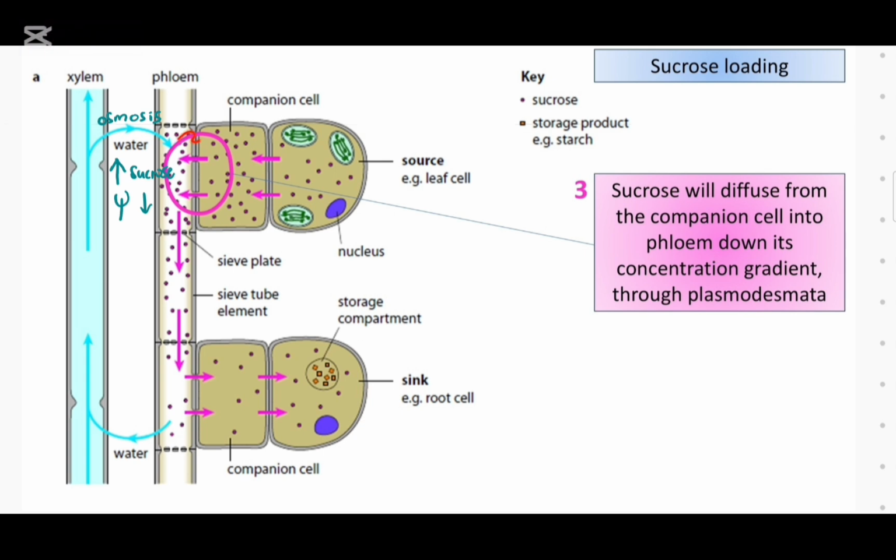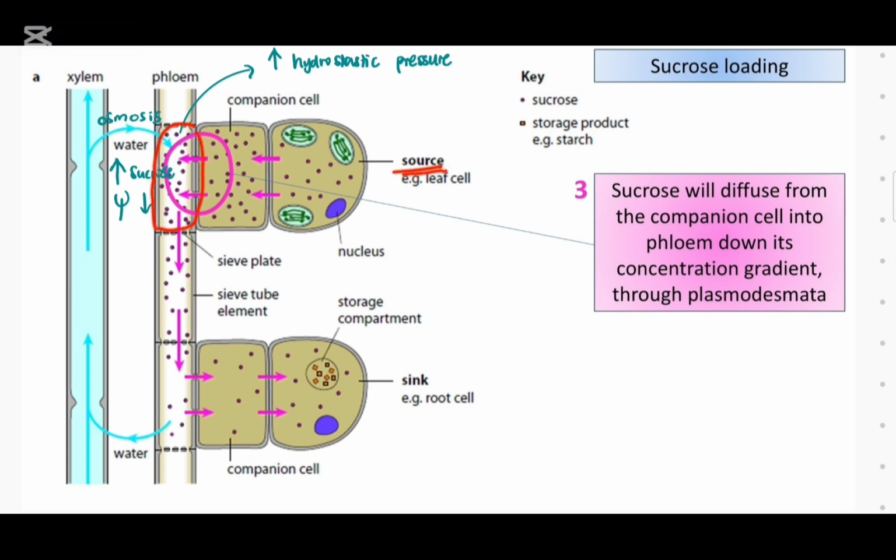Because water now moves down its water potential gradient into this sieve tube element, there is an increase in the pressure. So there's an increase in the hydrostatic pressure in this sieve tube element at the source.